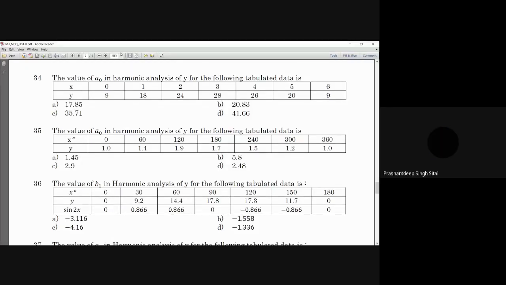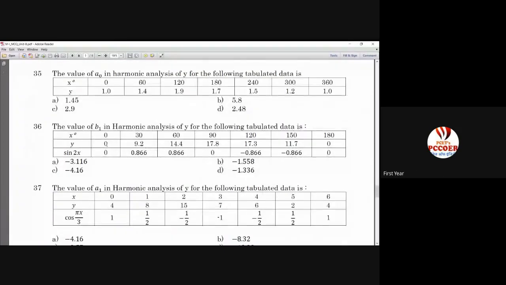Everybody is getting it. Everybody is getting 2.9.